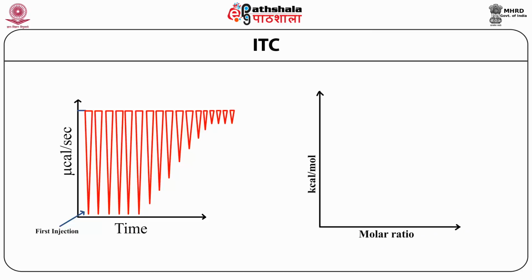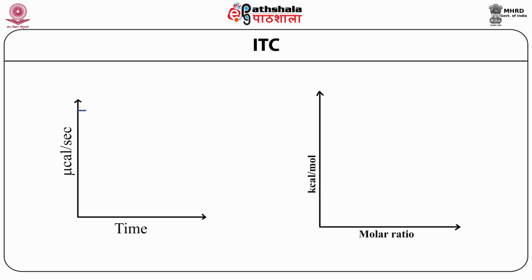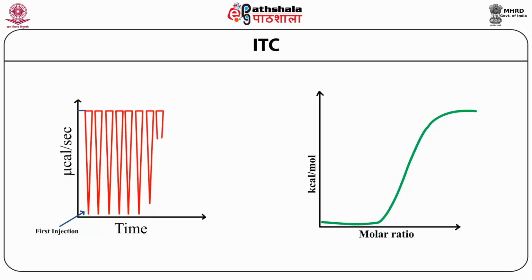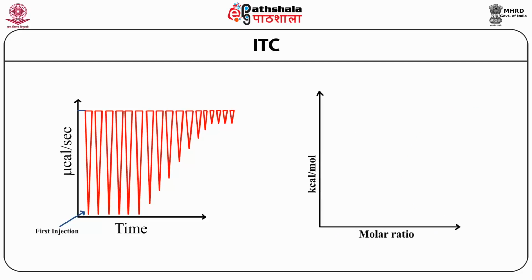The difference between the maximum on the y-axis and the minimum on the y-axis is basically delta H. So ITC is a typical profile which can give delta H, delta S, delta G in one shot.